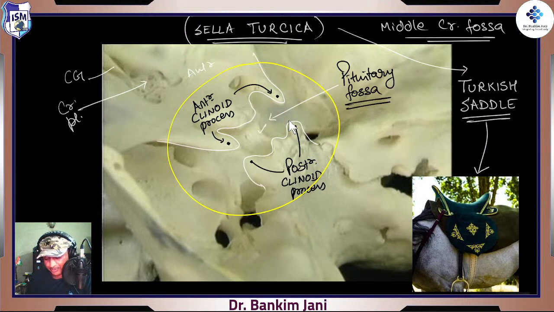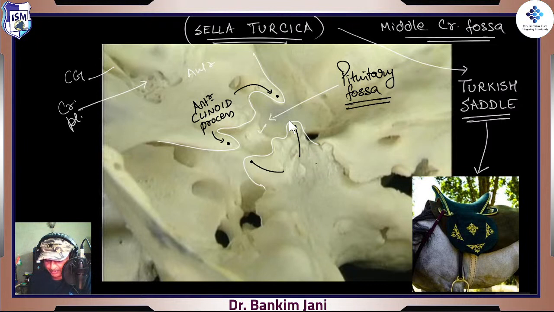Now things are not stopping at this point. When we have used the word Turkish saddle, we have to add something more. I'm creating a space over here and writing the posterior clinoid process. Why did we create this space?